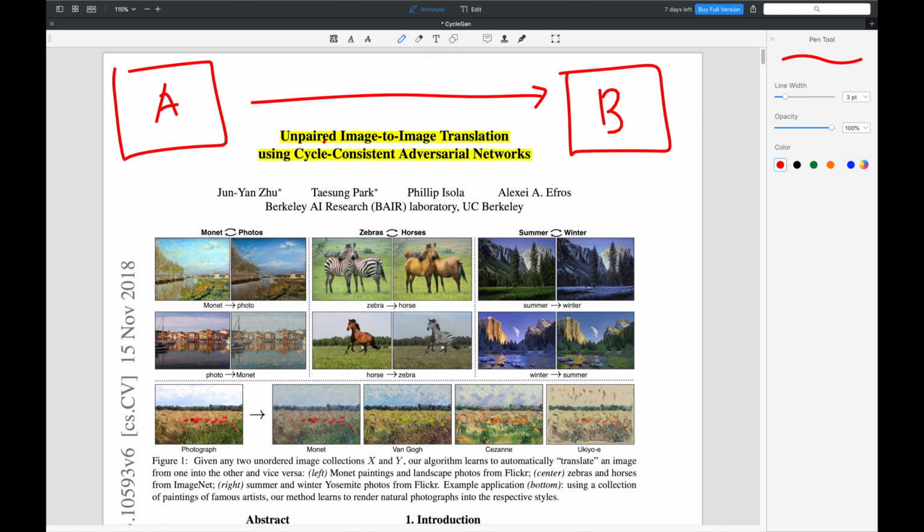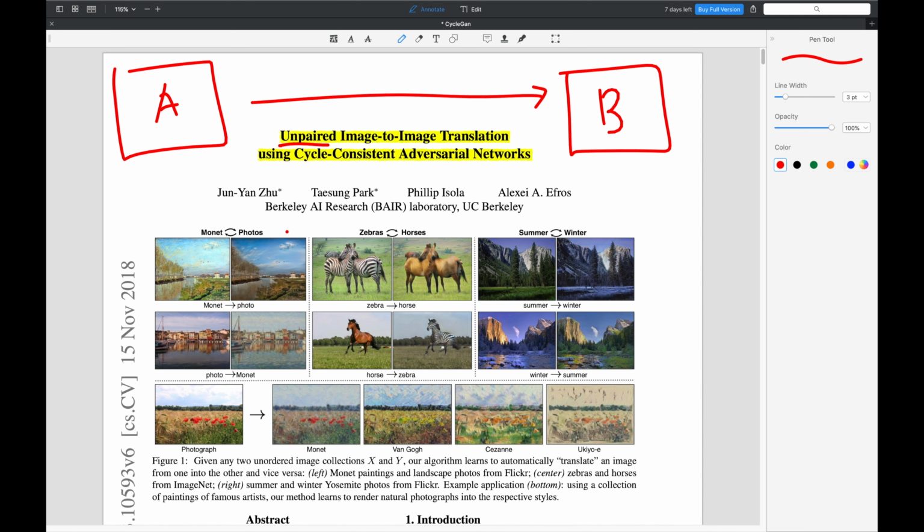However, this paper especially tackles the problem of unpaired image-to-image translation, which is quite difficult because since there is no target for converting zebras to horses or converting summer to winter, there is really no target for the model to learn from. However, it is still an important problem because unpaired settings are more common in real-world situations.